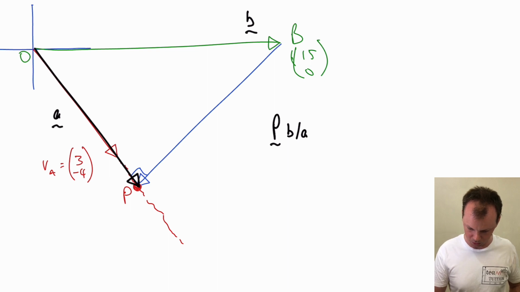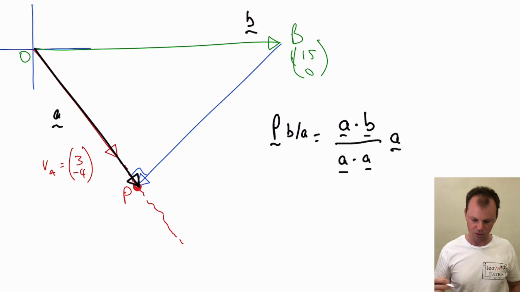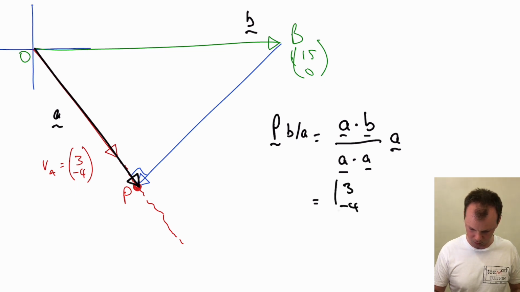So that's going to be A dot B on A dot A, by A. So that's my vector projection of B on A. I can work that out. We've got A dot B, we've got 3, negative 4.